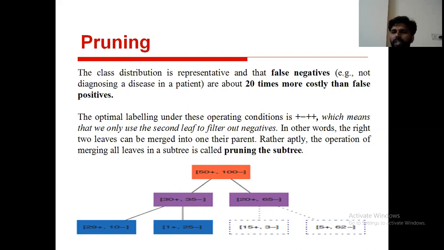True positives means actually those are positives, and our classifier correctly classified them. True negatives means actually those are negatives, and our classifier correctly classified those instances as negatives.